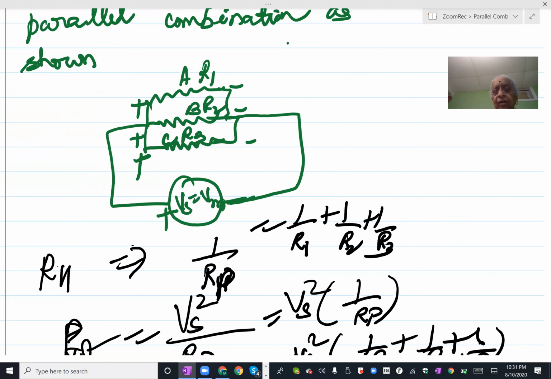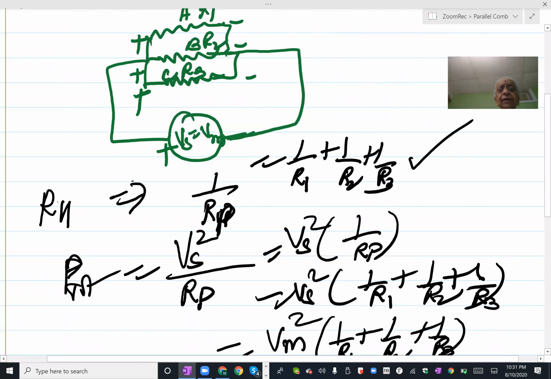So the PD across R1 is equal to PD across R2 equal to PD across R3, which is the supply voltage, which is also the marked voltage. And R parallel is such that 1 by R parallel is 1 by R1 plus 1 by R2 plus 1 by R3. And the total power of the entire parallel network will be V supply squared divided by R parallel, which is V supply squared into 1 by R1 plus 1 by R2 plus 1 by R3.